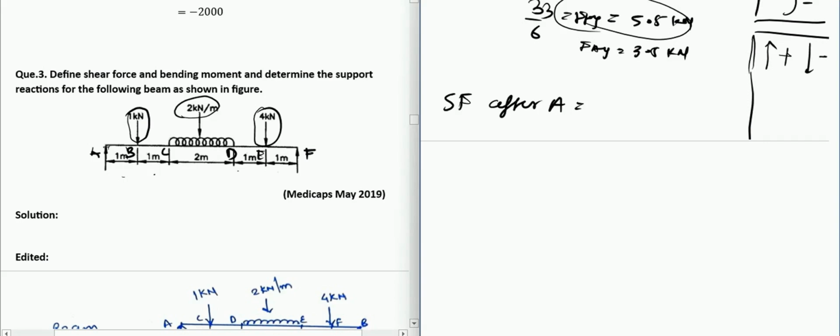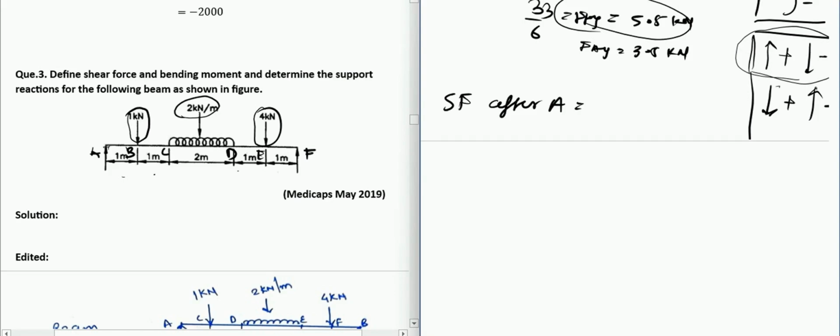And if you are considering forces on the right side of the cross section, then just consider the opposite of this, so downwards as positive and upwards as negative. We will always be considering the left side of the beam, because it just makes our job easier. We do not need to confuse our sign convention.